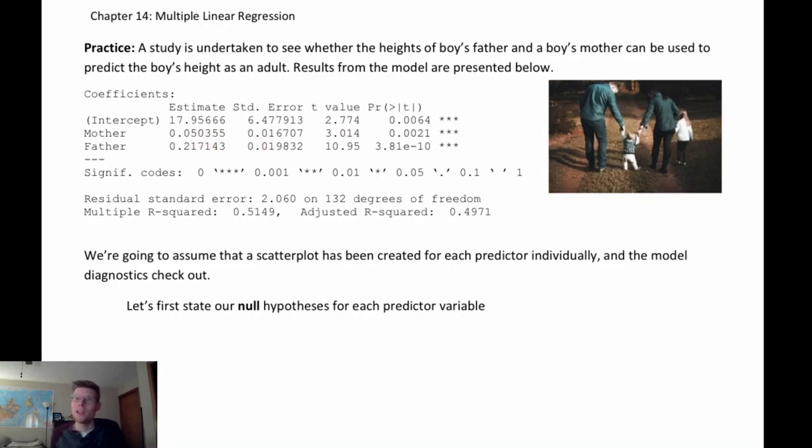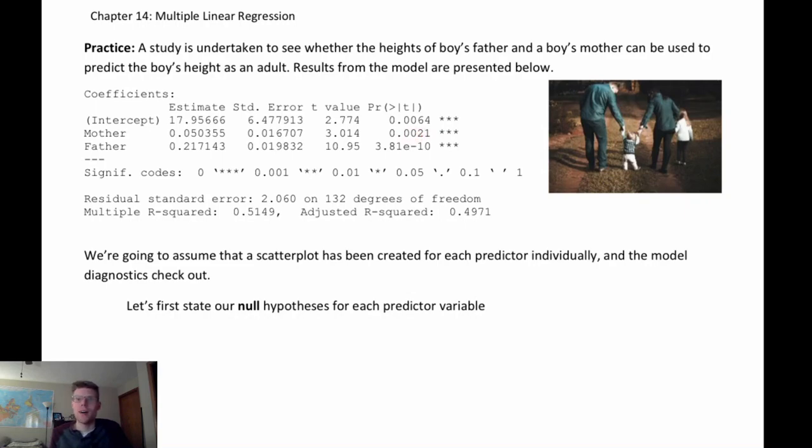So zero would be no slope. It would be no relationship or no contribution in this particular model. And we can see that we are about 3.014 standard errors away from zero with our estimate. We can then run a t-test and see that the p-value is 0.21%.